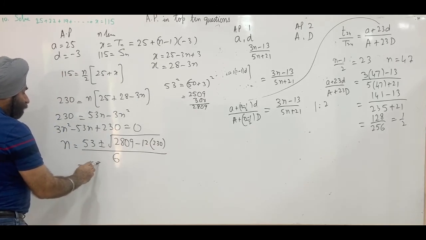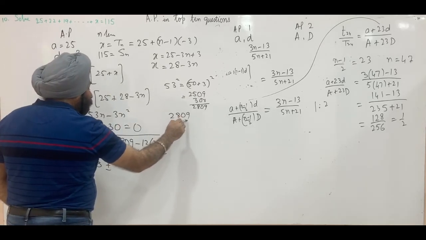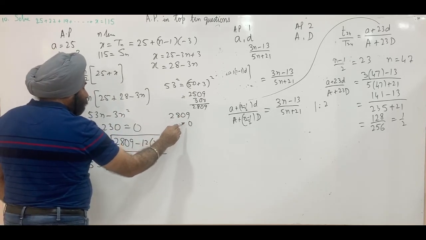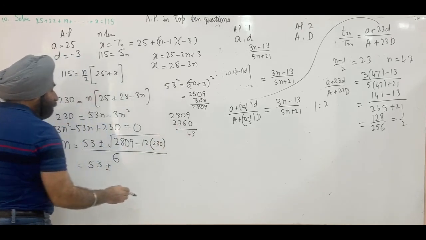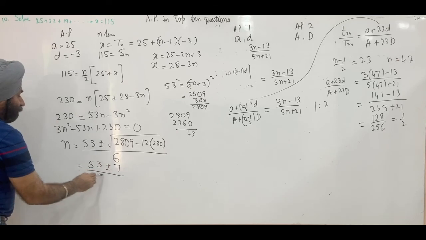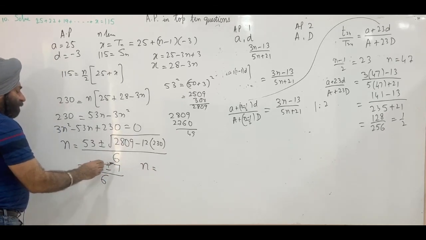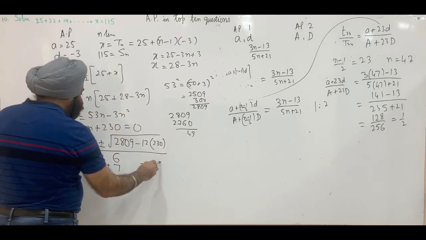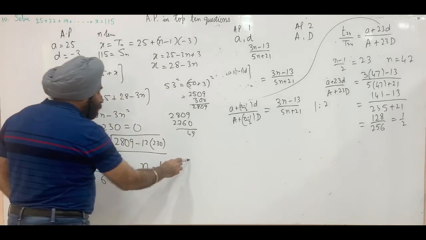So this is 53 plus minus the root of 2809 minus 2760. This is 49, and the root of 49 is 7. So n is 53 plus 7, 60 upon 6, that is 10, and the second value will be a fractional value, so we reject that.